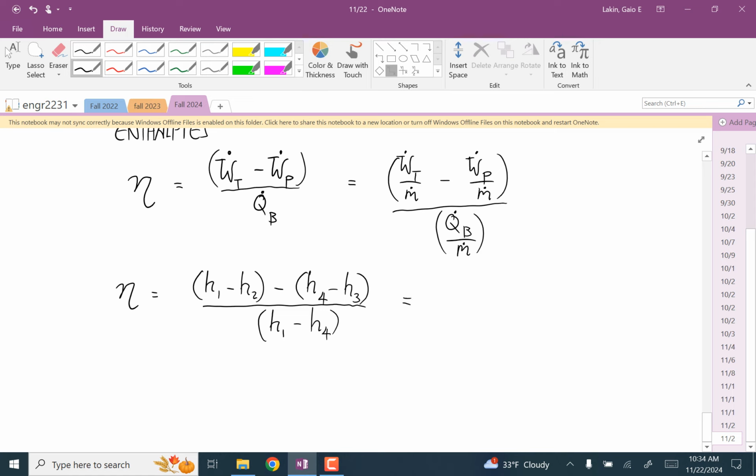And you can get rid of those parentheses. You have h1 minus h2 minus h4 plus h3, divided by h1 minus h4.